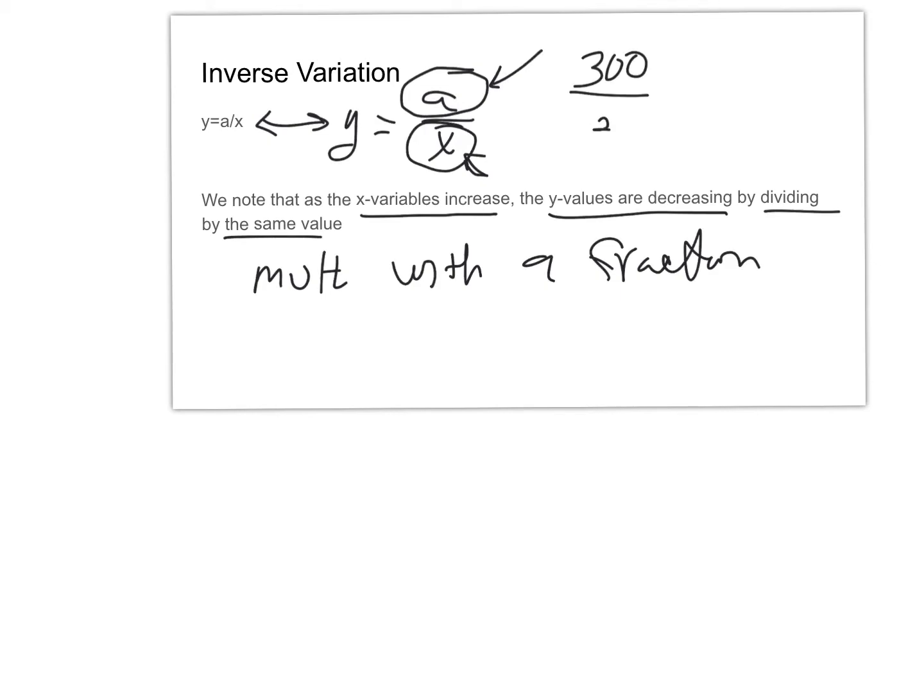But if I divide it by 5, 300 divided by 5 is 60. As the x values continue to increase, your y values are going to decrease. That's why it's called an inverse: as the x's go up, the y's go down.